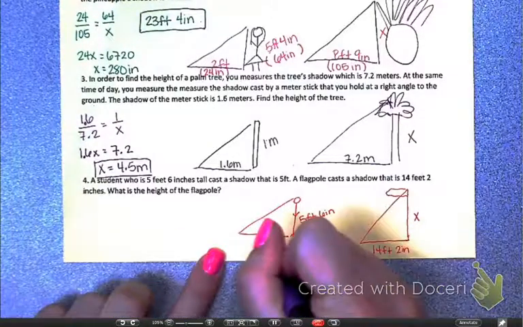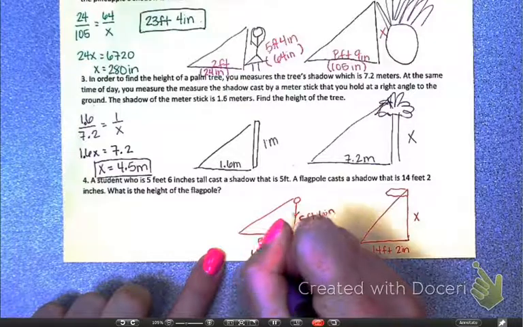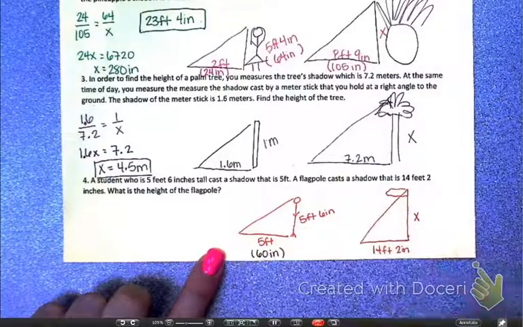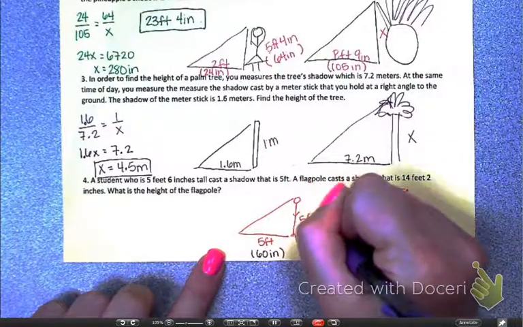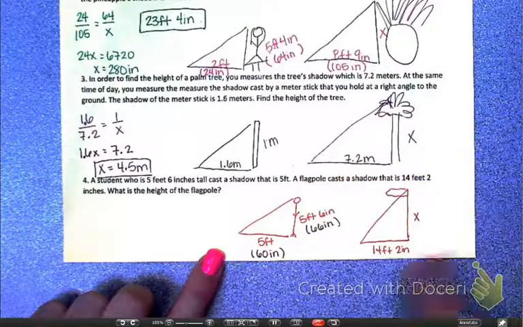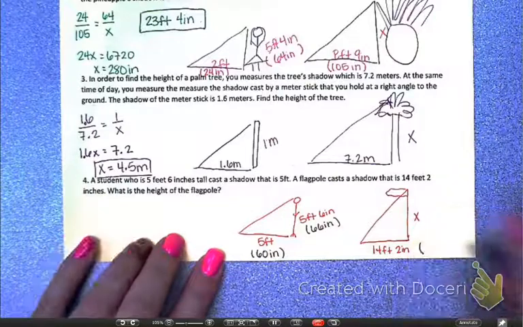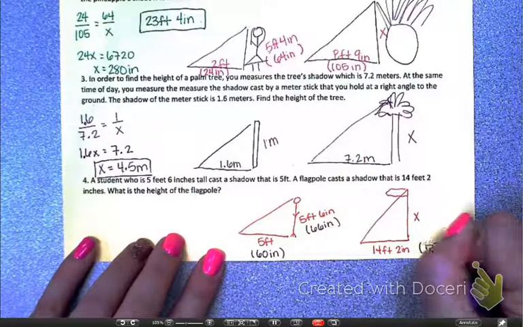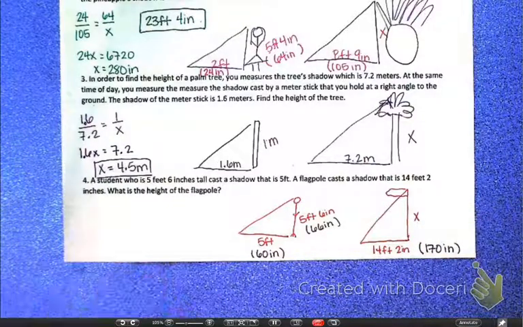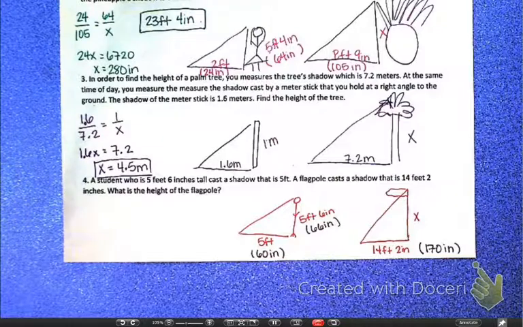So 5 feet converts to 60 inches. 5 feet 6 inches converts to 66 inches. 14 feet 2 inches converts to how much? 170 inches. Everyone still okay? Okay.